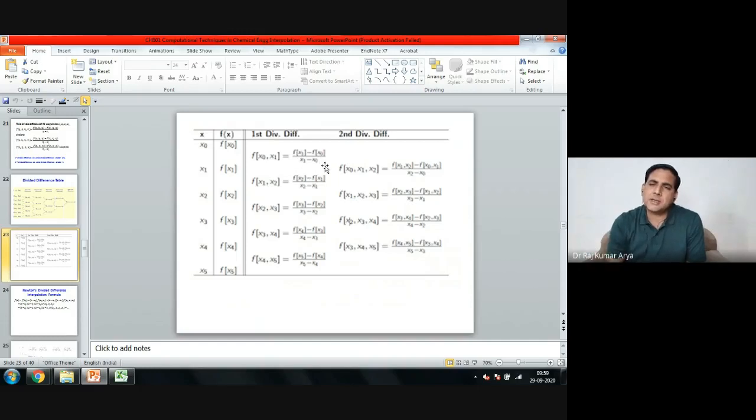That is the calculation procedure. For x1, x2, your x0 has been changed to x1. For x2, x3 you have again the function value at x3 minus the function value at x2, divided by x3 minus x2. So this is the way you will calculate your divided differences. Fine.